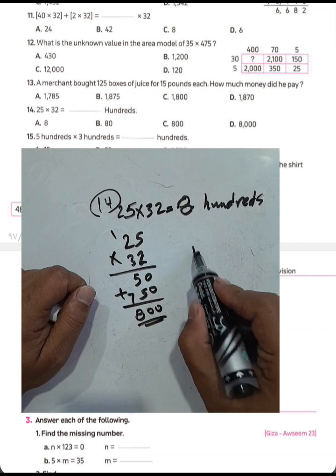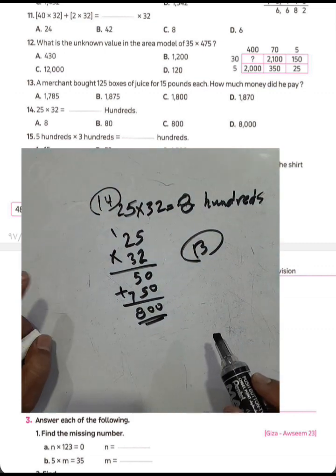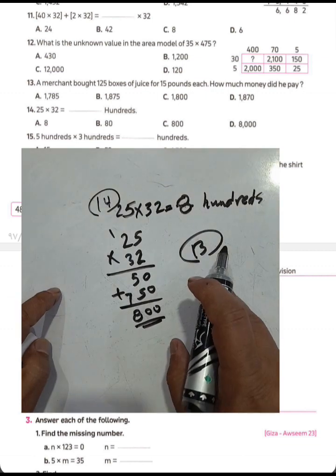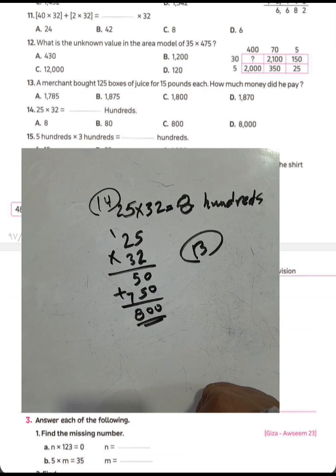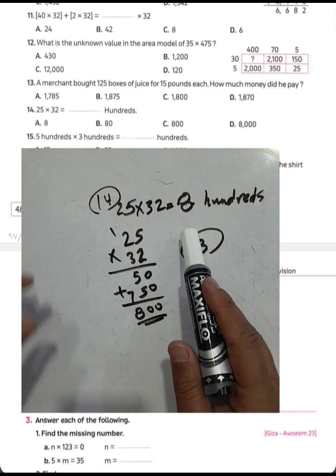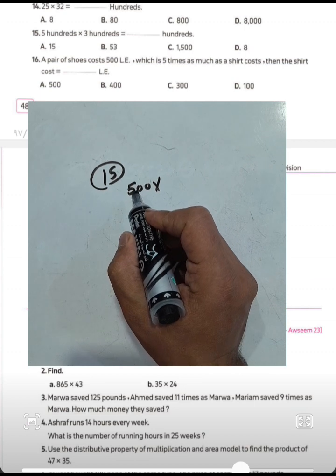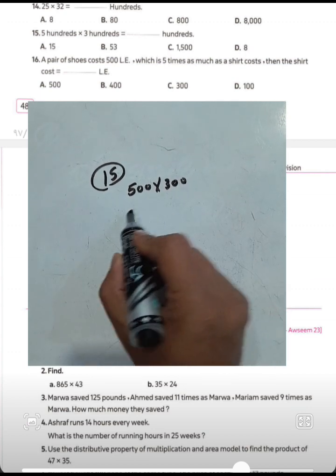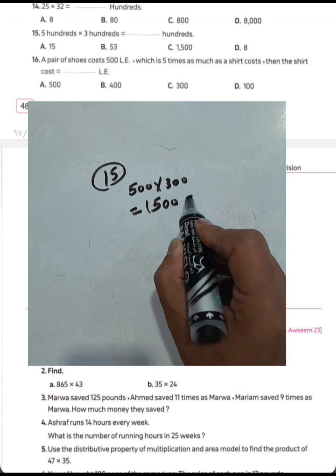Question 15. 500 times 300 equals space hundreds. We know 3 times 5 equals 15. 500 times 300 equals, write 00 here, and 3 times 5 equals 15.